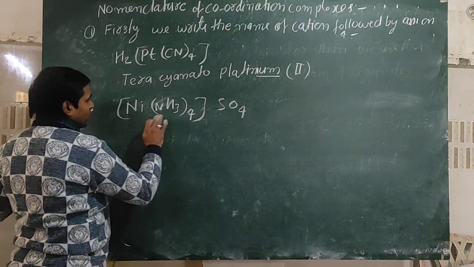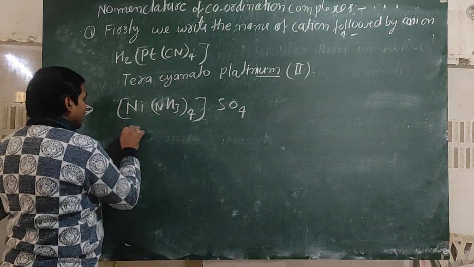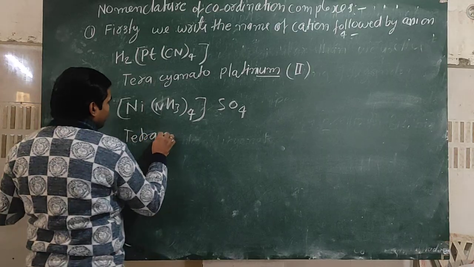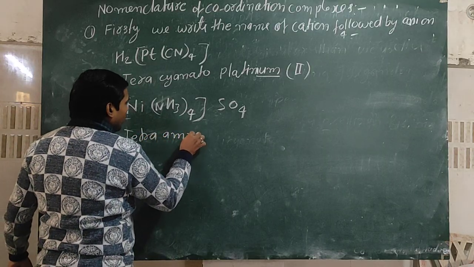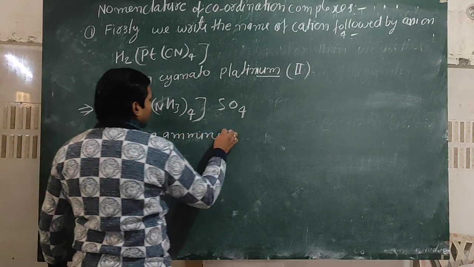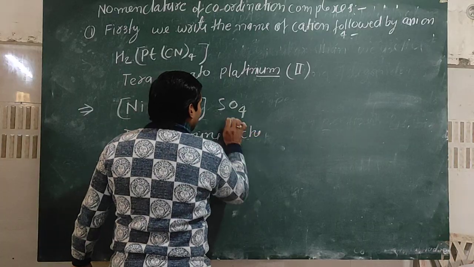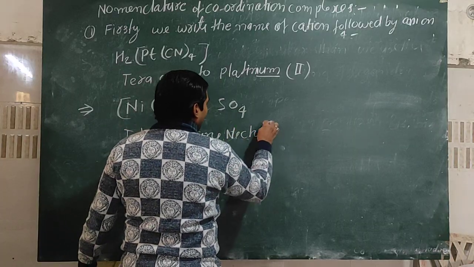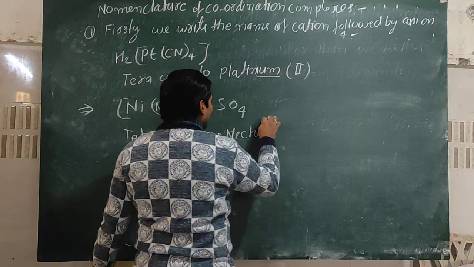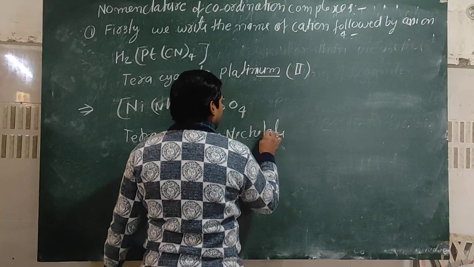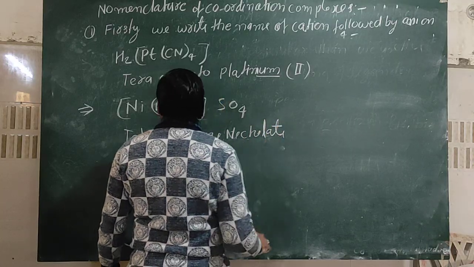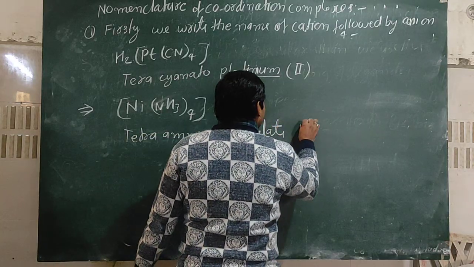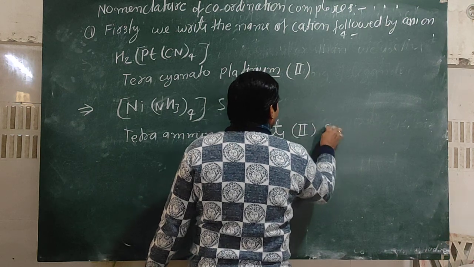According to this rule, firstly we write the name of the ligands, like tetraamminenickelate(II) sulfate.